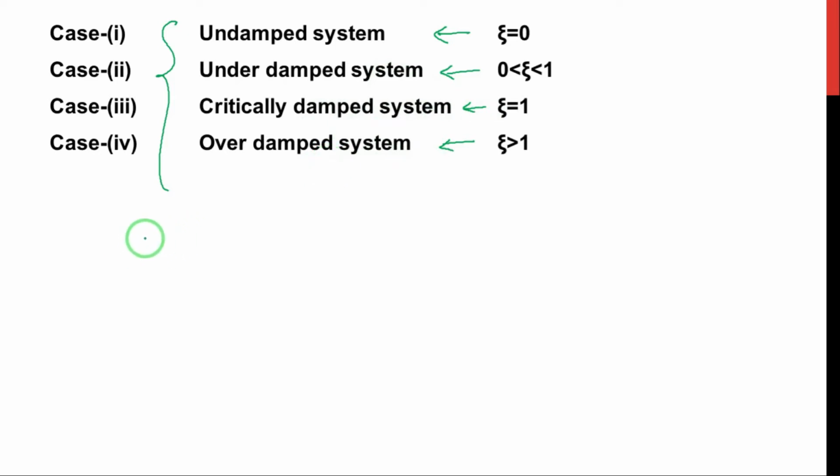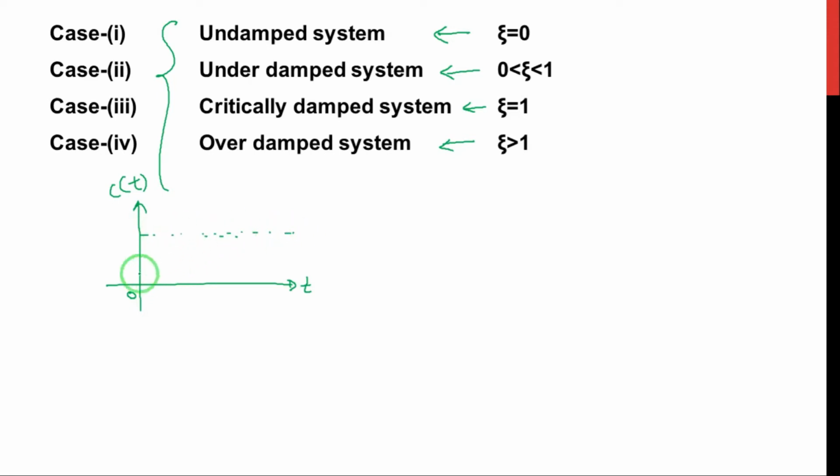So I will tell you the waveforms. If this is the C of t, the output with respect to time t, the input is R of t, a step input, so this is a dotted line.